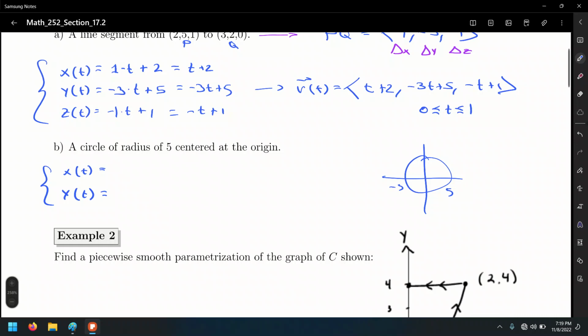And there's a couple of ways that you can parameterize a circle, and that's going to depend a lot on the direction.